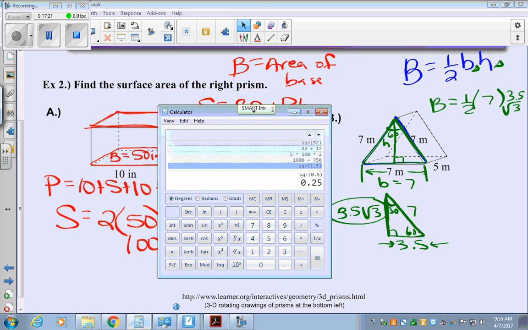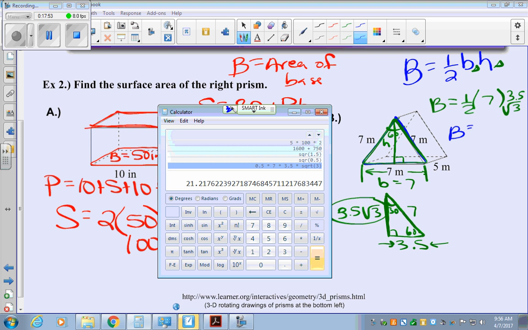We're going to go 1/2 or 0.5 times the base of our triangle, which is 7, times the height of our triangle, which is 3.5 times root 3. So my base is approximately 21.2. So the area of this base is approximately 21.2 square meters.